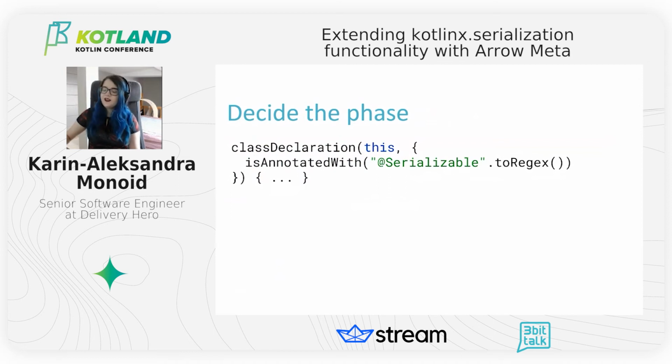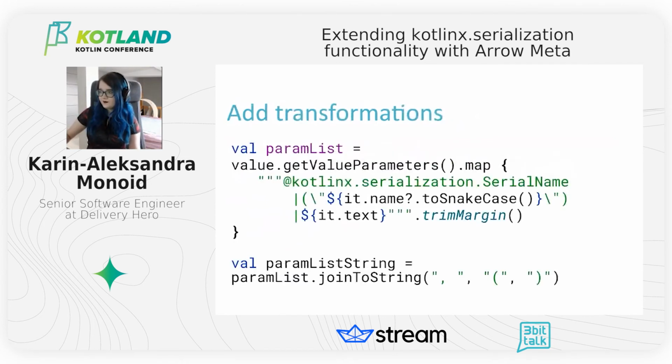Where we are doing exactly what we described before that. So we are looking for classes that are annotated with the Serializable annotation. Now let's think how would we transform our properties. So when we get parameters, we want to add the annotation and make some remapping from one naming strategy to another.